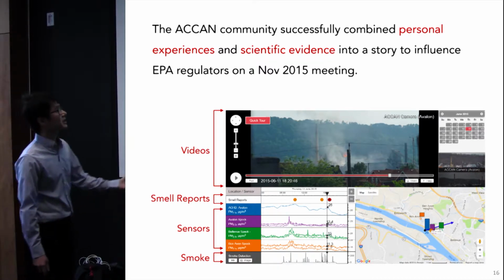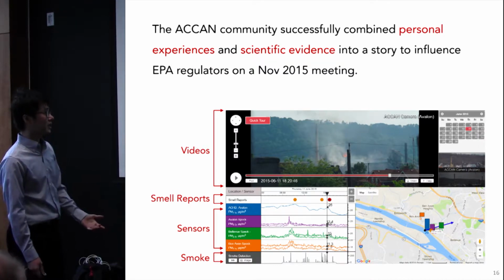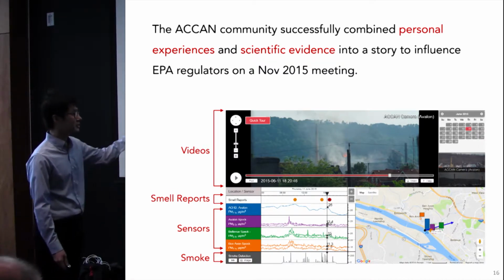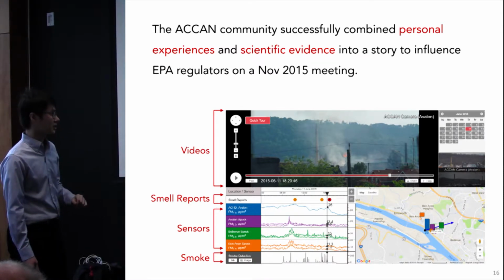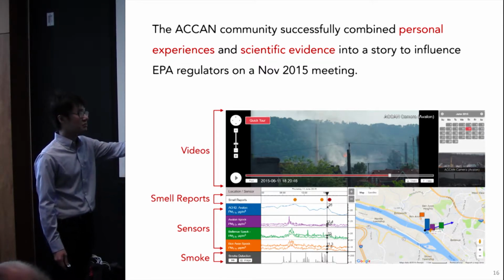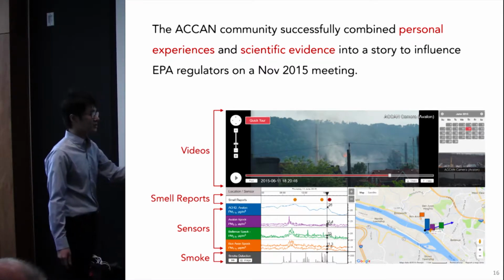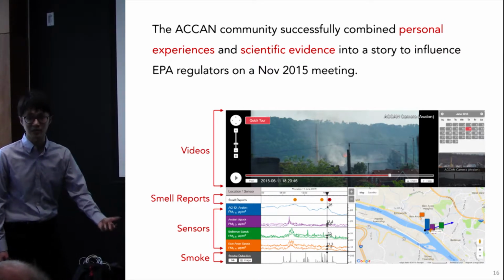For example, they can look at the videos to say what's happening there. And then they can report smell, to say how the pollution affects the area. The sensor readings show that when the wind blows toward the community, these readings rise, and that's the evidence of how pollution affects the community.